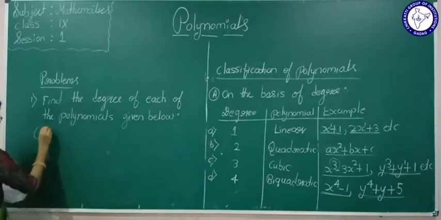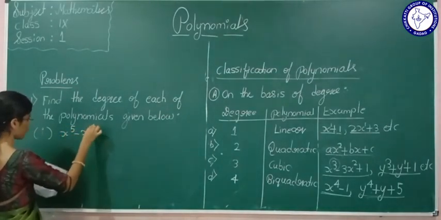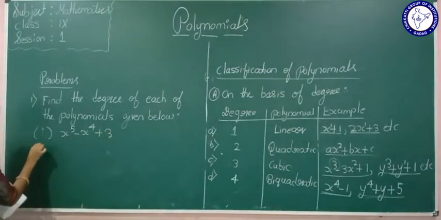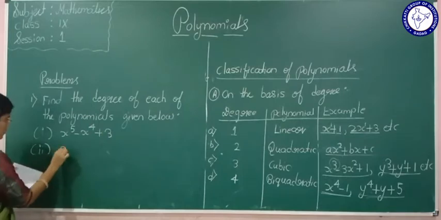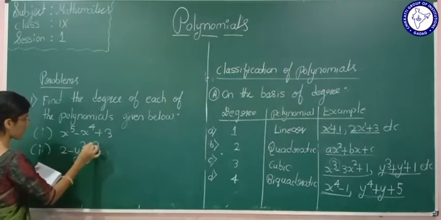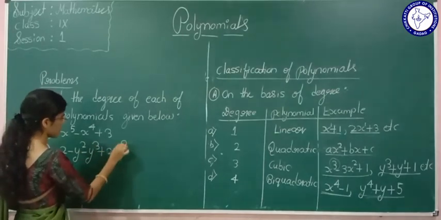First one, x raised to 5 minus x raised to 4 plus 3. Second one, 2 minus y square minus y cube plus 2y raised to 8.